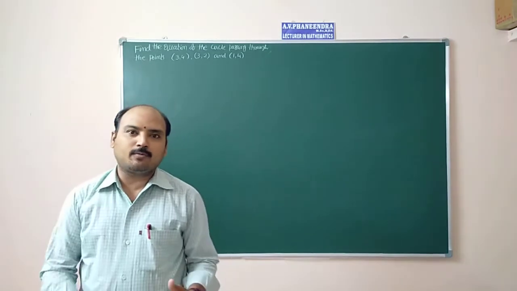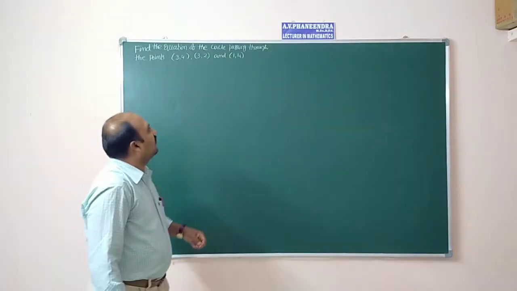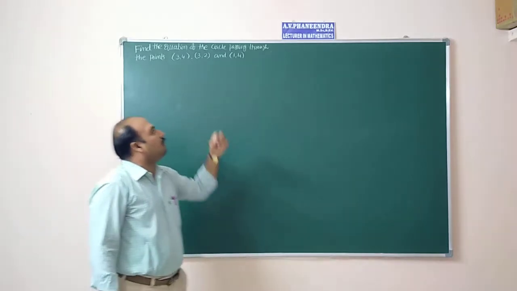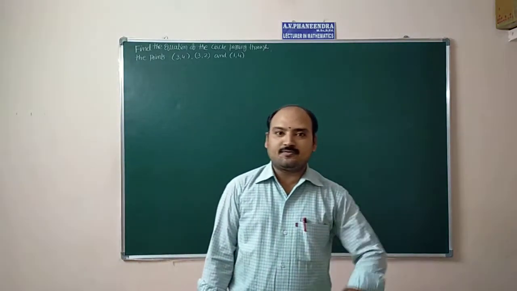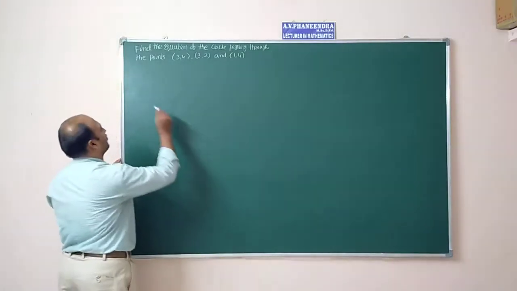Now, method 1 I am going to discuss. Find the equation of circle passing through the points (3, 4), (3, 2) and (1, 4). The first method is the best method. See what method we are going to apply.